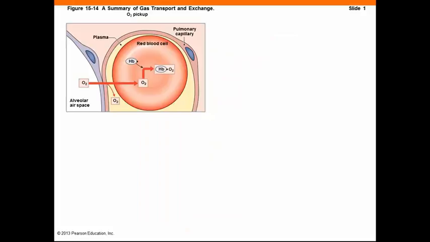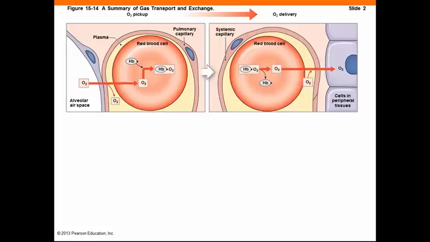So in summary, you can see oxygen at high concentration in the alveolar airspace will dissolve across the respiratory membrane and into the pulmonary capillary, where it is then picked up in the red blood cell, or simply remains dissolved in the plasma. And when it is picked up by a red blood cell, it's bound to a hemoglobin molecule, and that hemoglobin and oxygen bond is very reversible.